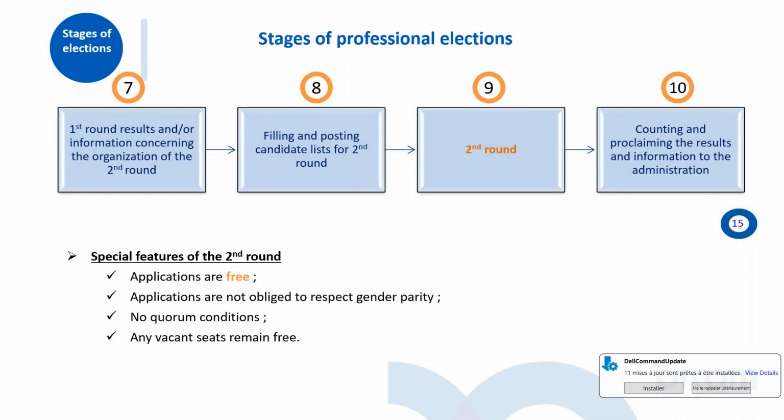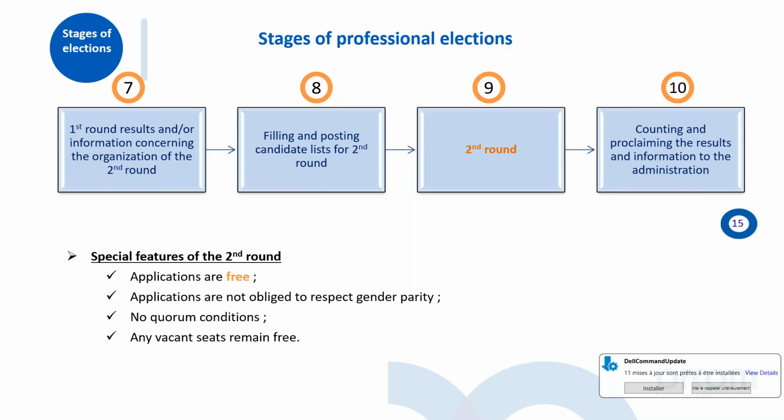So the following step is informing on the first round results and the organization of the second round, which, as I said, must be a maximum of 15 days after the first round. During this second round, you will not have the same features as for the first round, which means that applications are free.